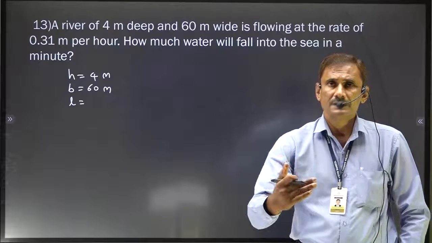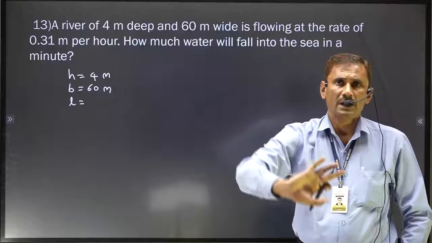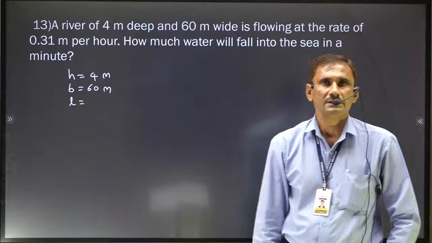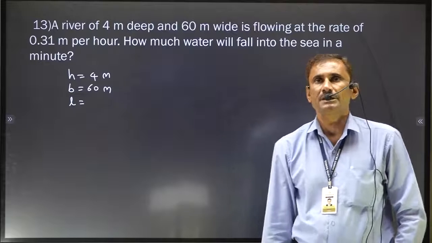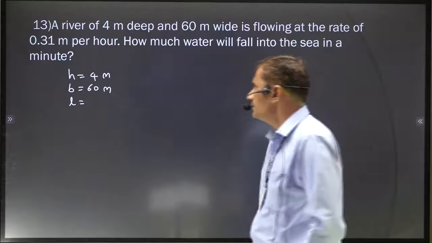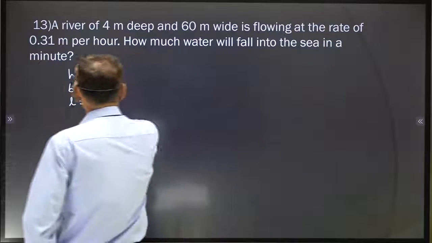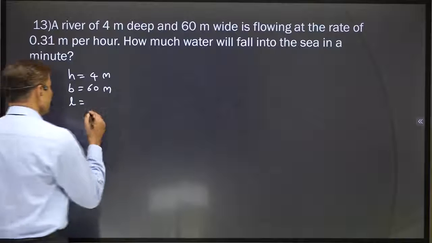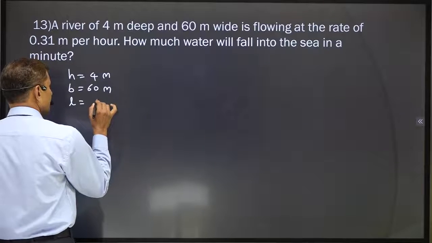How much distance the water or any liquid flows in a given time. So you just find distance by speed into time. They have given here 0.30 meter per hour. Okay, so write down here speed into time.